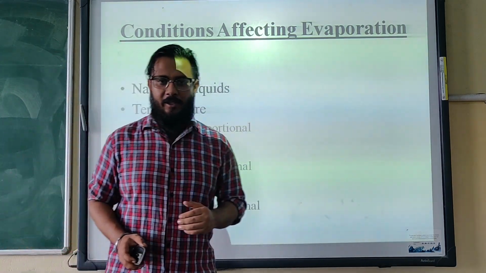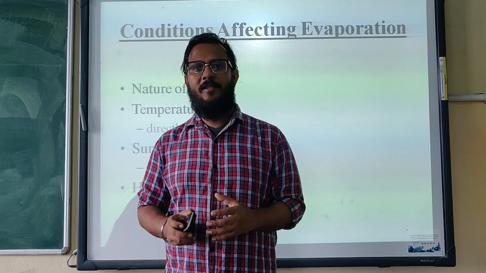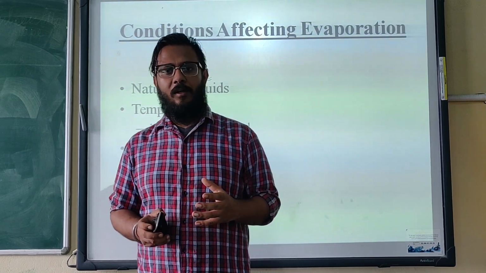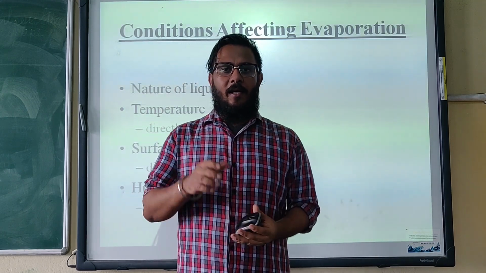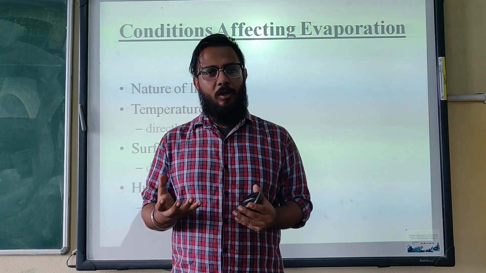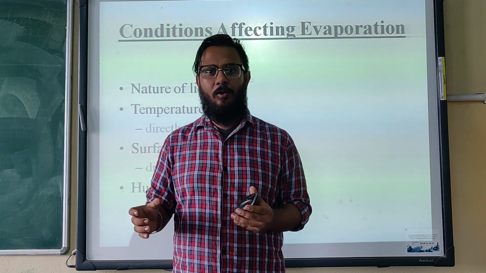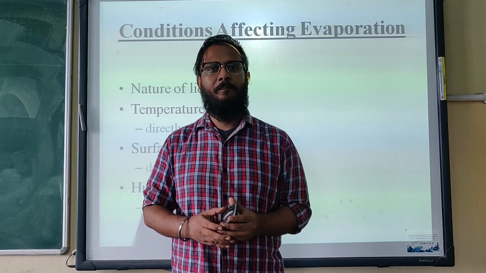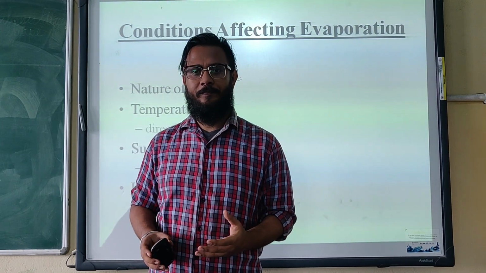Third, surface area. You can understand this much more easily by imagining a scenario. Take a glass of water, keep it on a table, take another glass of water and just spill it on a table. Which one do you think will evaporate faster?